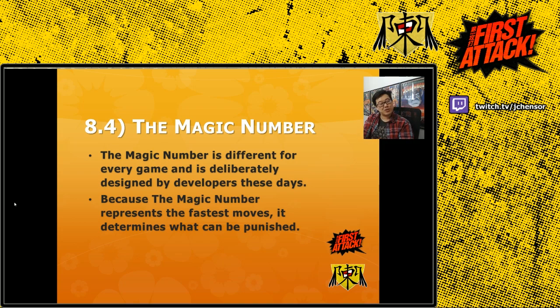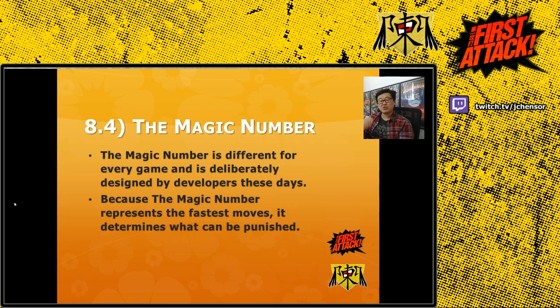And again, I'll show you guys this in a little bit in that spreadsheet. I'm going to be going back to the spreadsheet and I will show you exactly how this works. But this makes sense. If you have a move that is blocked, and like I said, the on block column is probably one of the most important there, and you are minus more than the fastest move in the game, by logic, that means you can be punished by the fastest move in the game.